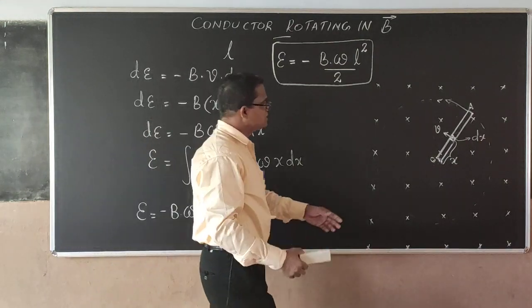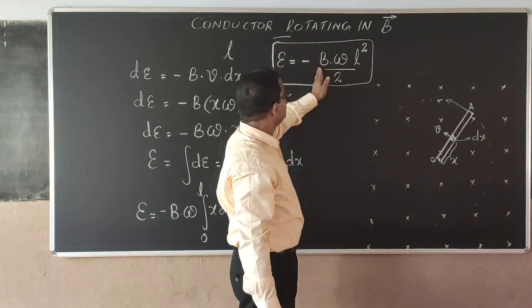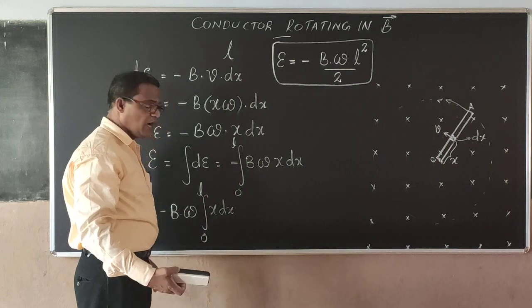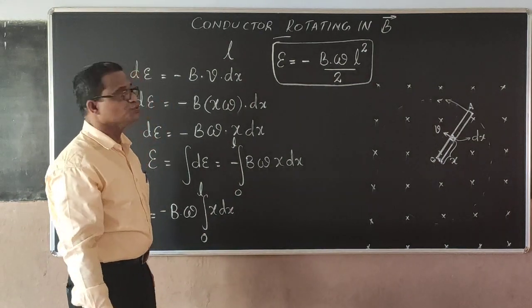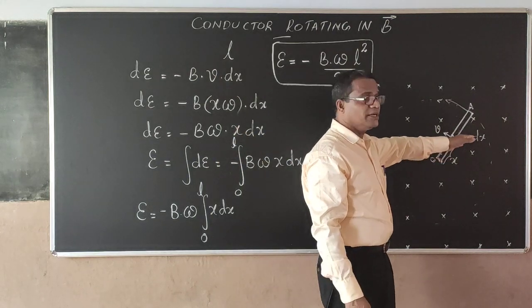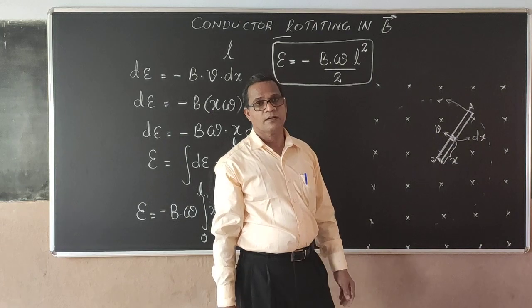So across the ends of the conductor, between these 2 points, there will be an EMF induced, which is given by minus B omega L square by 2. So this is the case with a conductor which is rotating in the magnetic field.